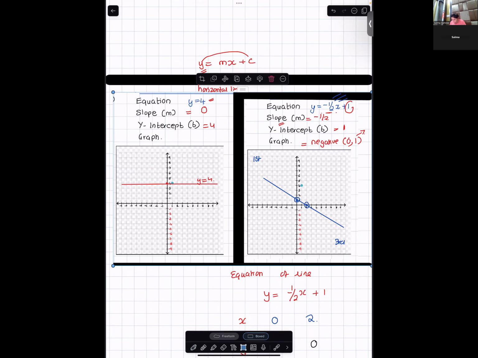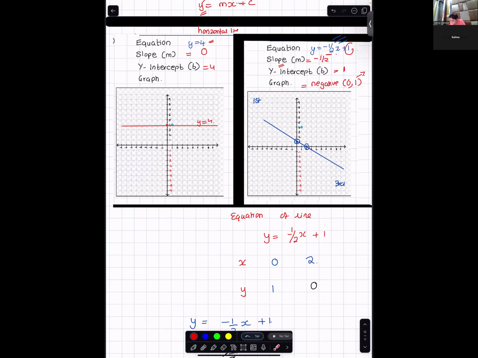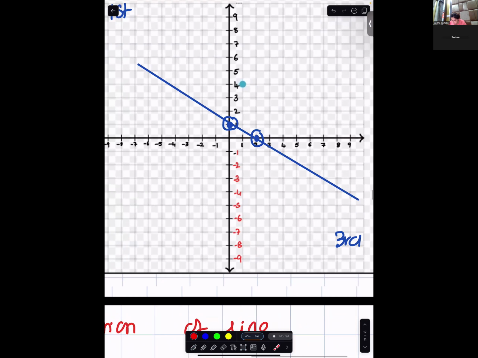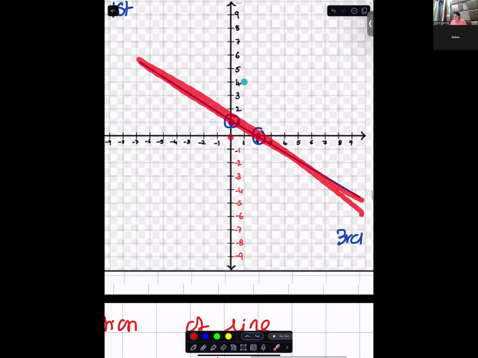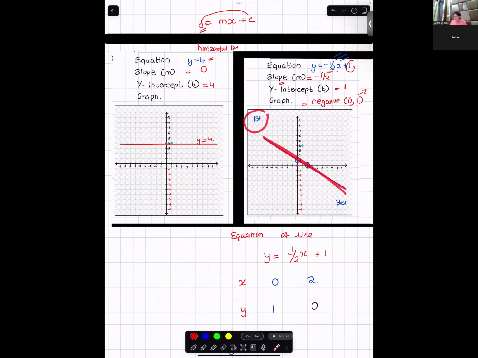When x was 0, y is 1. And when x is 2, y is 0. So it will be a line with a negative slope, and a line with a negative slope covers the first and the third quadrant.